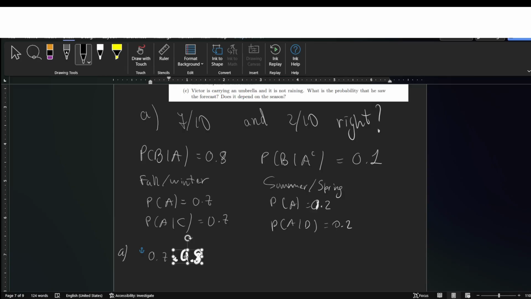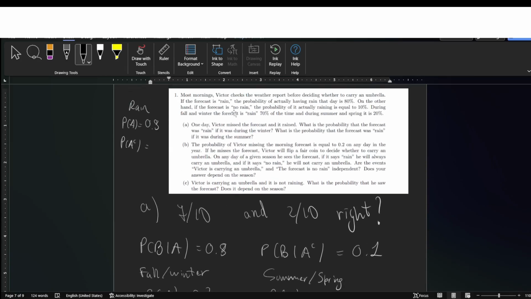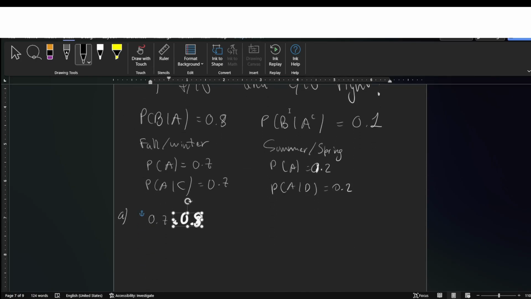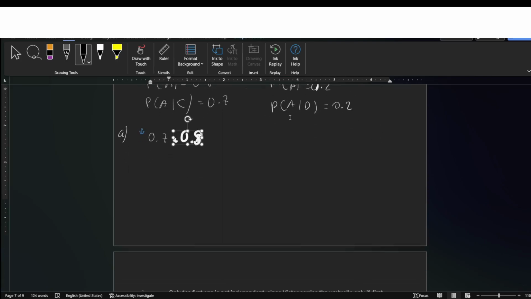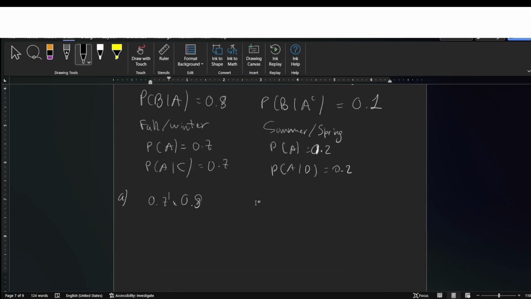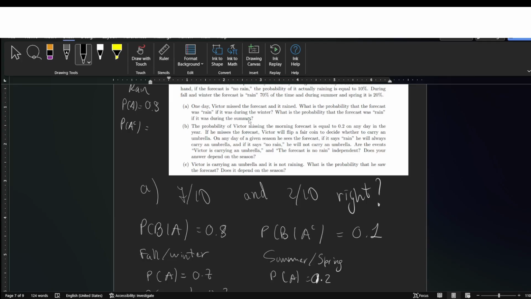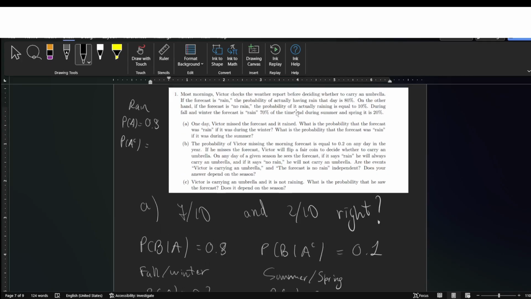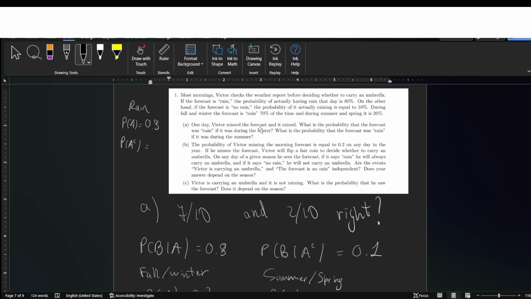So that doesn't mean that we have to be right. No, yeah, we have to be right. Okay, but we only need to know that the forecast was rain.